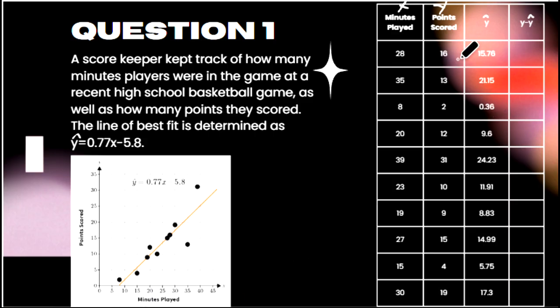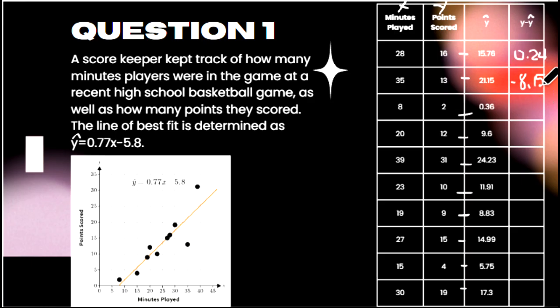All right, to find the residuals, we're just going to subtract straight across, and my eyes are bad, so if I read these numbers wrong, don't be surprised. So I think this is 16. I don't know if it's 16 or 18. We're going to say it's 16 minus 15.76, which gives us 0.24. 13 minus 21.15 will give us negative 8.15.